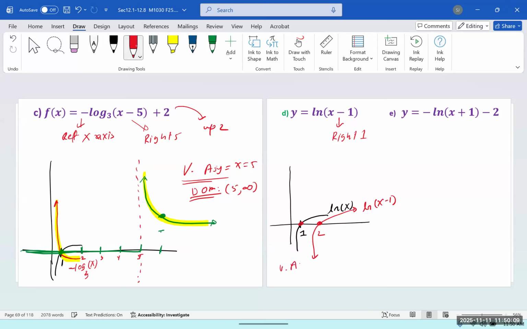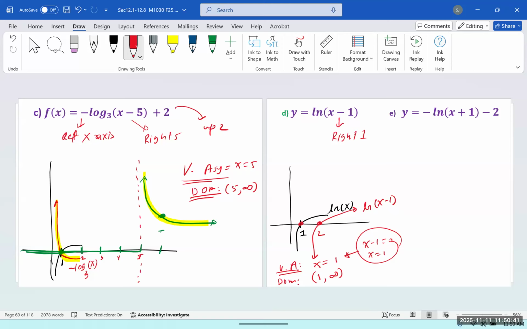So what is your vertical asymptote? Positive 1. You said x minus 1 equals 0, that gives us x equals 1, the asymptote. And your domain: you start from 1 and then go all the way to everywhere. Just the word ln. ln means natural log.